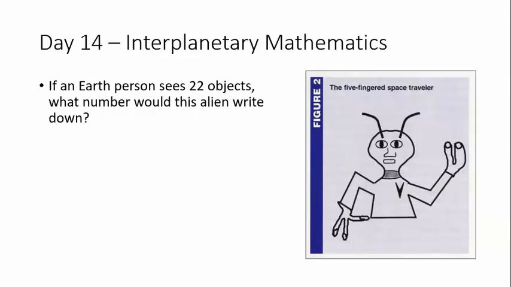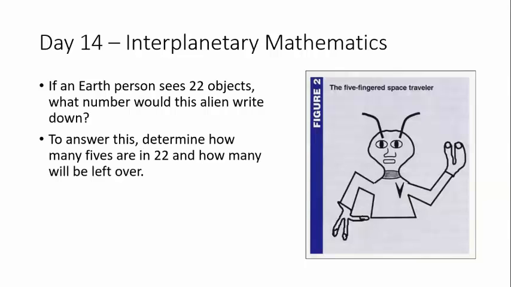Let's think about this same alien. If an Earth person sees 22 objects, what number would the alien write down? To answer this, determine how many 5s are contained in 22, and then how many will be left over.